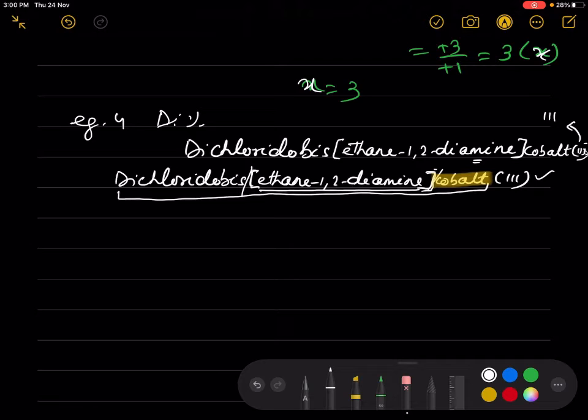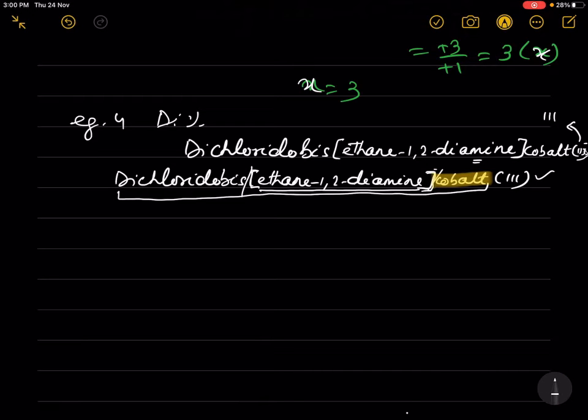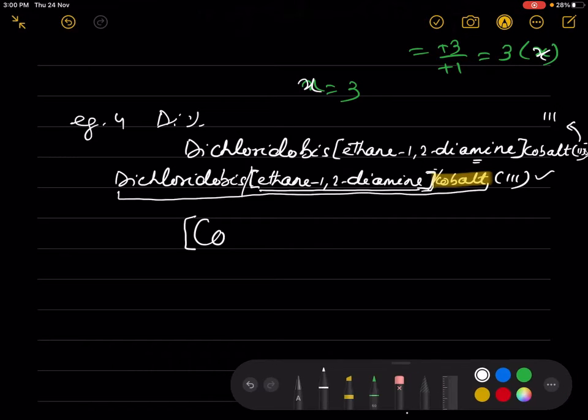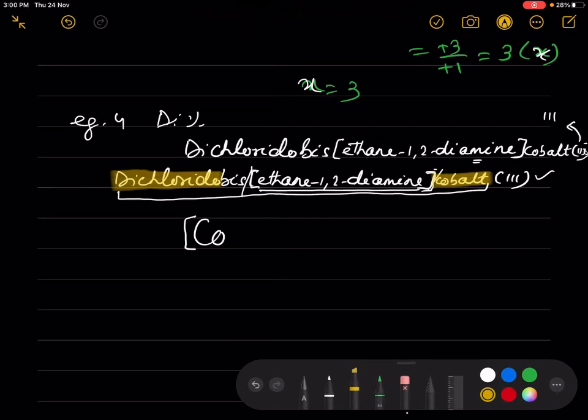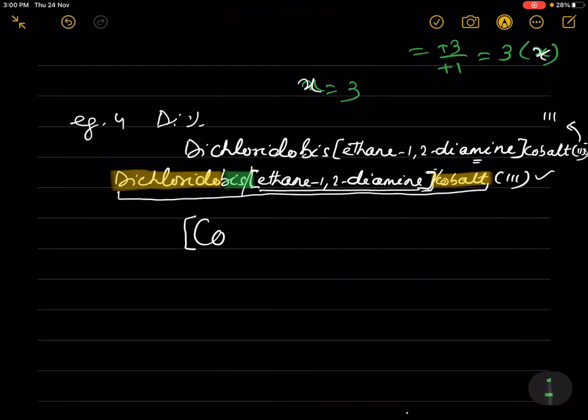That is cobalt, and it should be written in square bracket, cobalt. Another part are ligands. You see, this is dichlorido, then this is bis ethane 1,2-diamine.